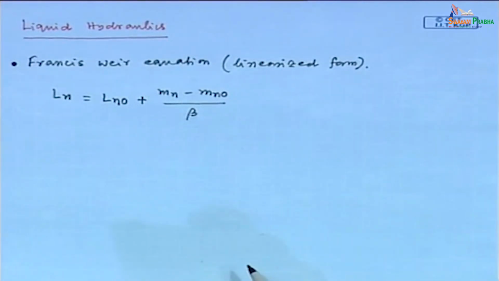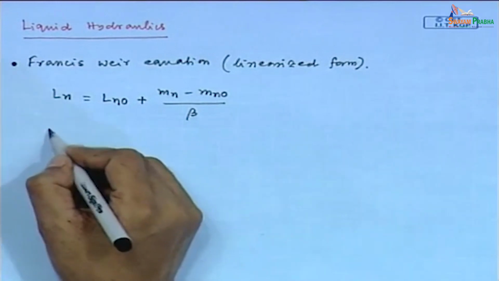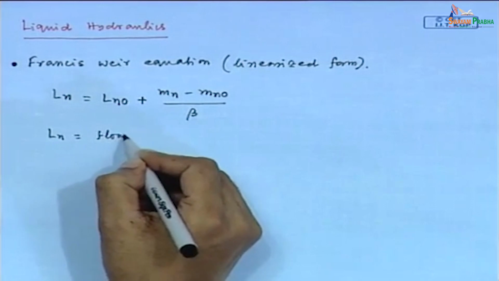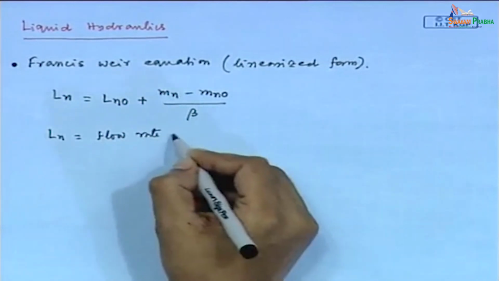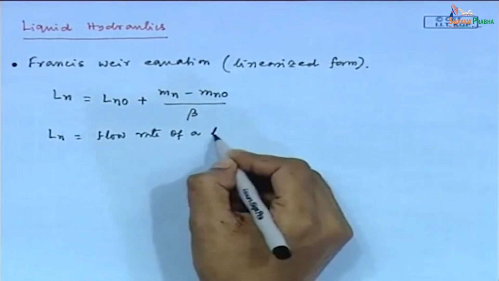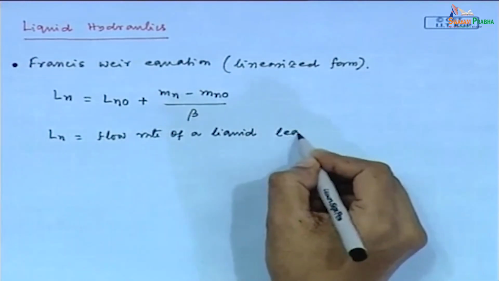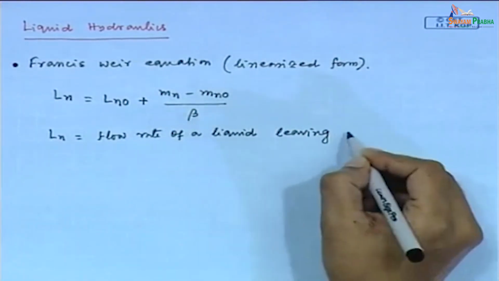This is the Francis-Weir form, where Ln is the flow rate of a liquid stream leaving nth stage.